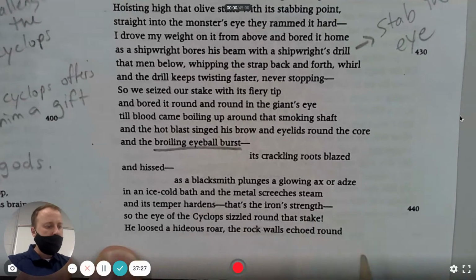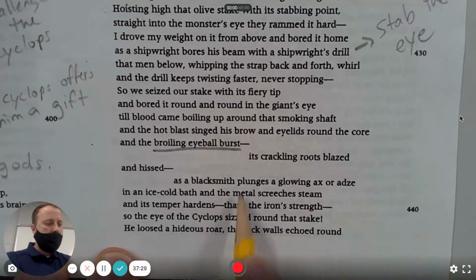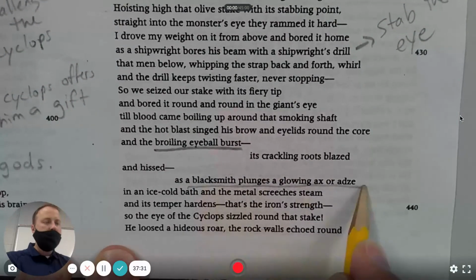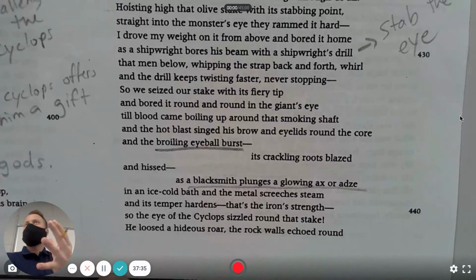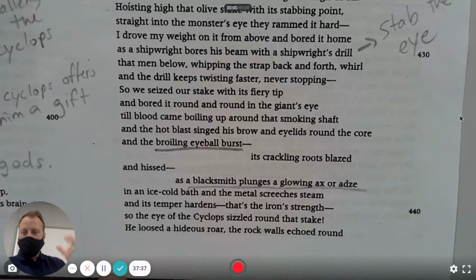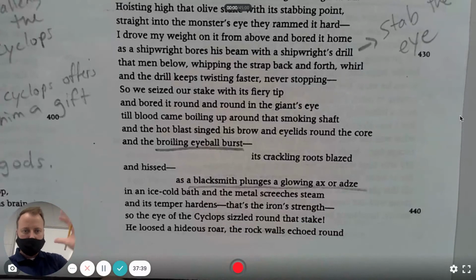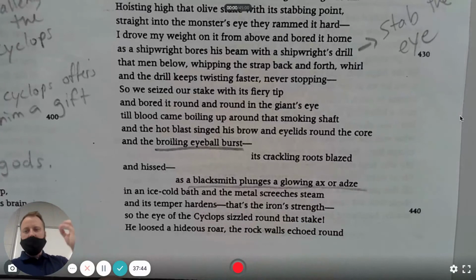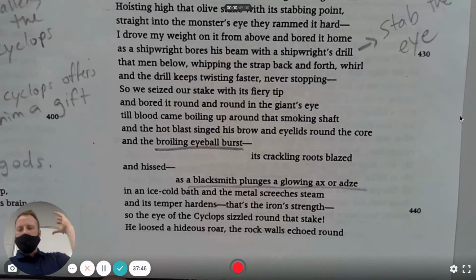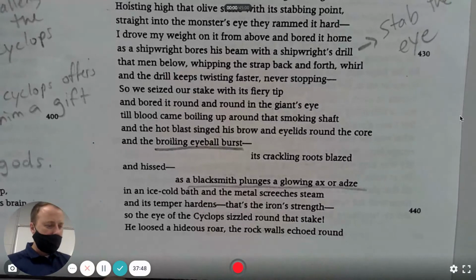That's the iron's strength." So they're just saying right here, anybody ever had anything really hot and then dipped it into water? Yeah, it makes that sound, and that's what happens to the eye. So they're really giving you that imagery of the blood and the sound and what it smelled like and all this terrible stuff.